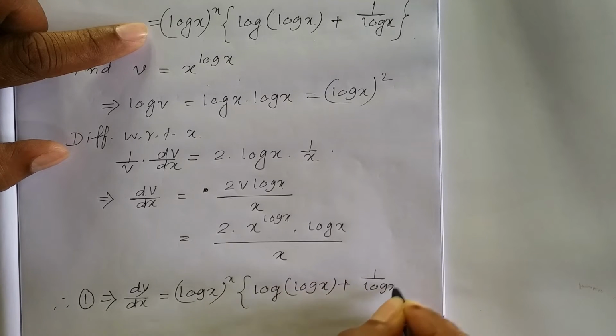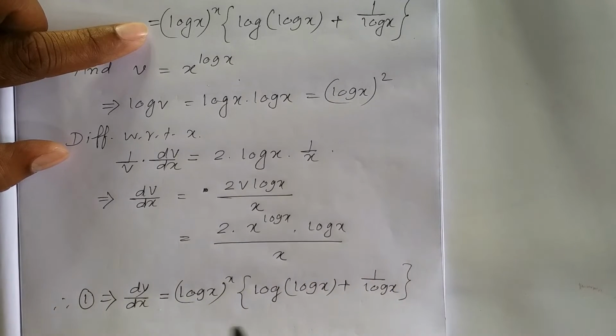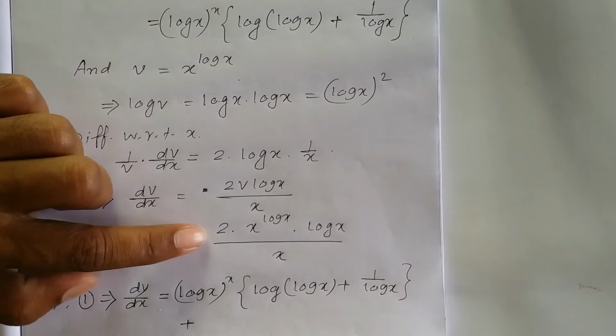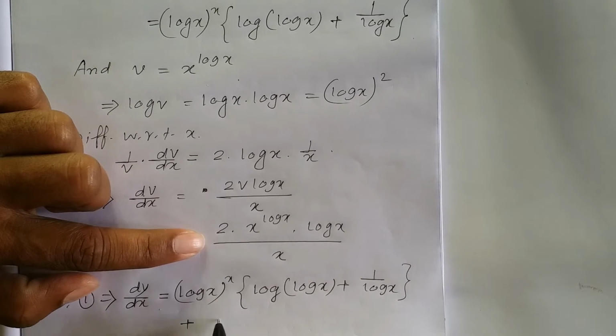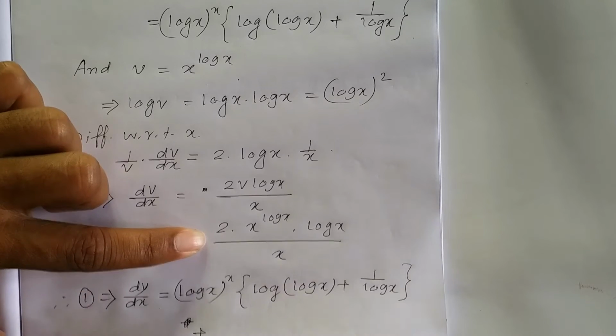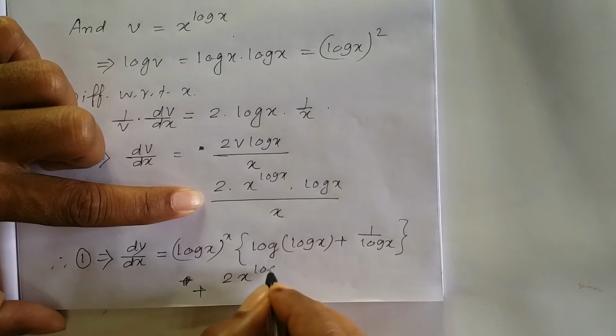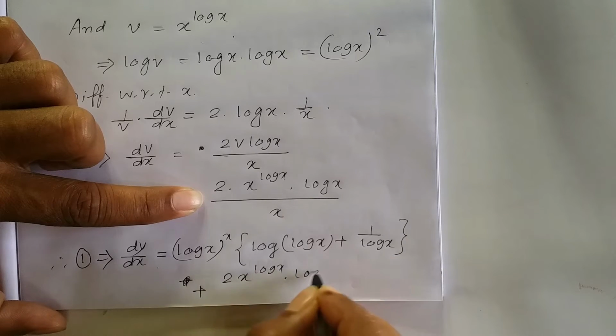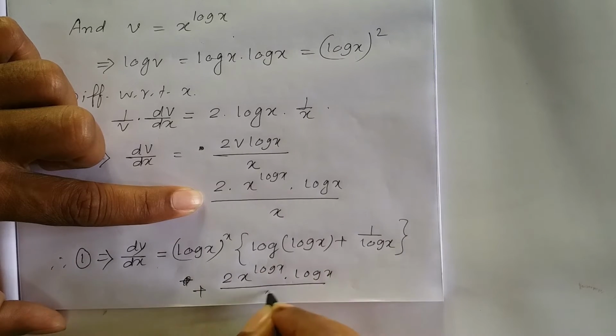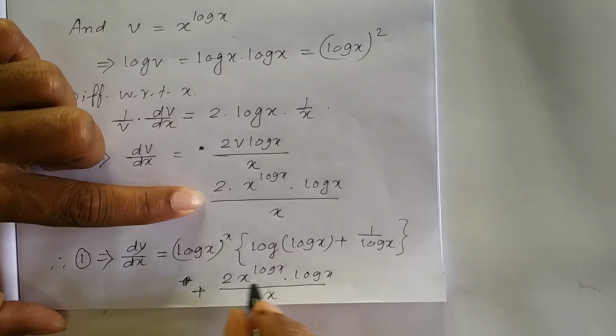This is du dx, then plus dv dx, it has the result this one. So twice of x to the power log x into log x whole terms divided by x. x may be written in the form of x to the power log x minus 1.